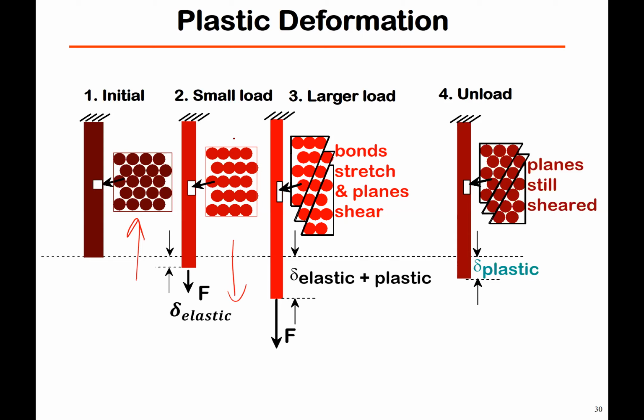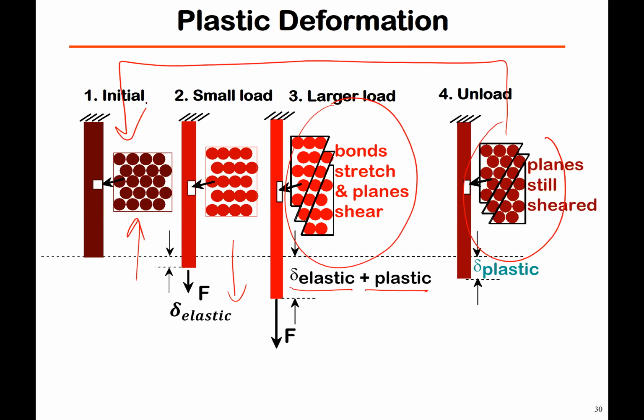Then let's say you apply a larger load, right? The stress is greater now. What happens in the material is that bonds will actually get broken, and then there will be a shift of atoms in the plane, and then new bonds will form again. So you have some elastic component and some plastic component, but it's not reversible because you've originally broken some bonds, and even though you form new bonds, you could see just from this cartoon right here, it doesn't look like the original, right?